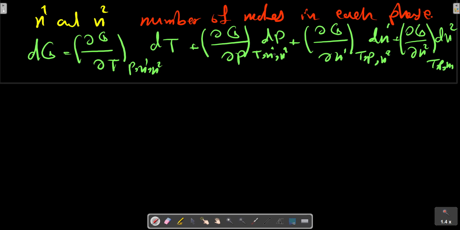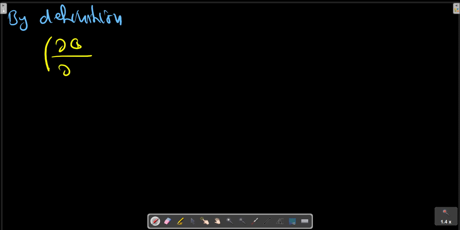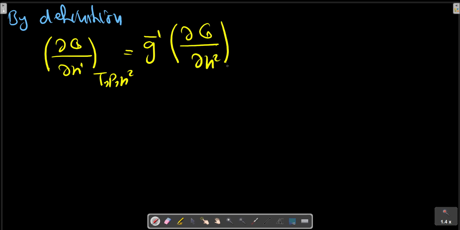By definition, we can calculate the Gibbs function change.